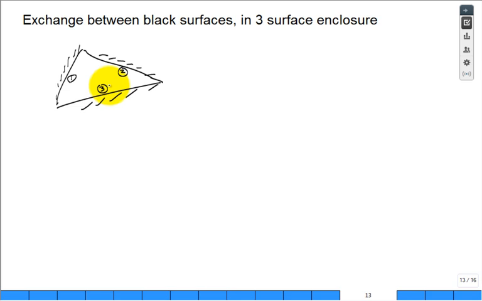All right. How would I solve for the exchange between 3 black surfaces that make up an enclosure? I would put EB1, EB2, and EB3. If I knew the temperatures of some or all of those surfaces, I could know the EBs of all of them because they are just sigma T to the 4th, etc. What do I have between them?